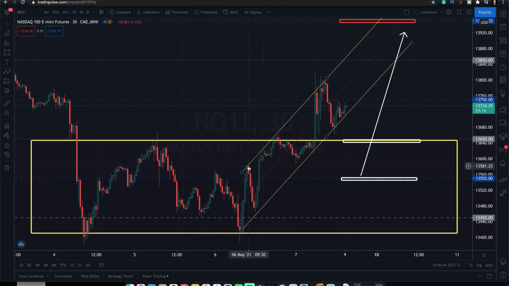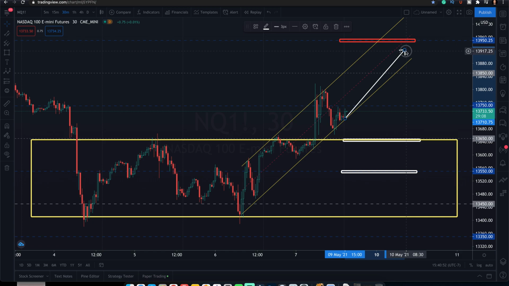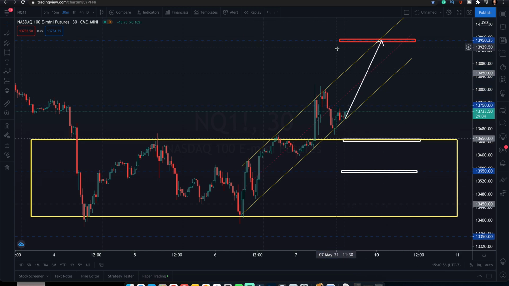So I'm just going to project the channel, and I want to get my targets. The first target is right here. Even if we continue straight up from here, we're going to be looking to take profits at 13,950. Same thing if we come out of the channel and we hold this level, we're also looking at this level to take profits.